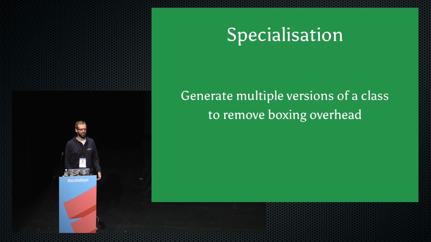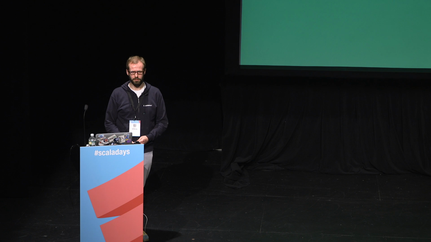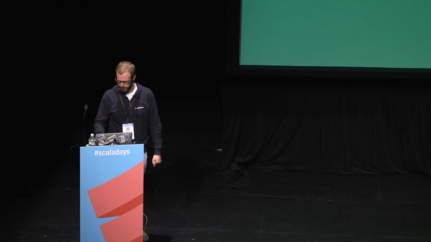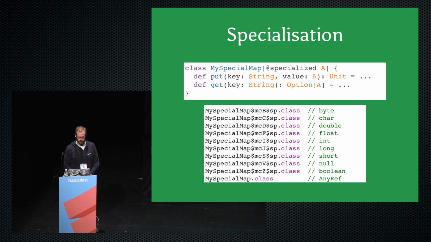OK, so the point of specialization is to avoid this problem, to work around this problem. And it does this by generating multiple versions of a class. It generates a different version for each primitive type, and then the compiler will choose the correct version, and it will call it directly, so you don't have to go through this boxing process. So you use it like this. It's pretty simple.